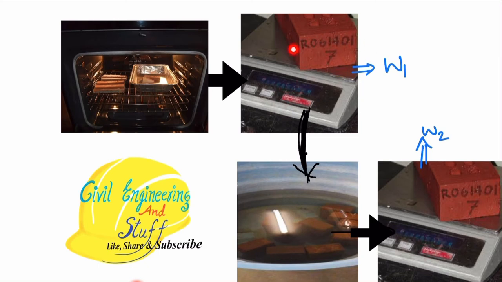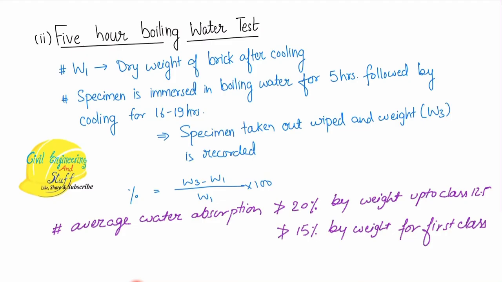After this, we measure the weight of the oven dried brick, that will be W1. Then the specimen is immersed in boiling water for 5 hours, followed by cooling of 16 to 19 hours. And then we again measure the percentage of water absorbed in this case.